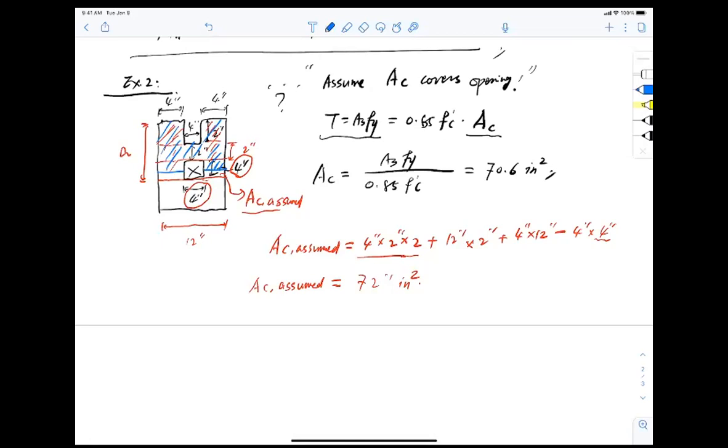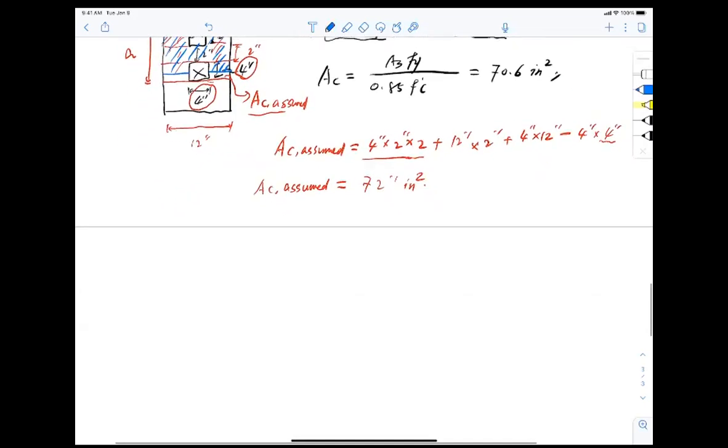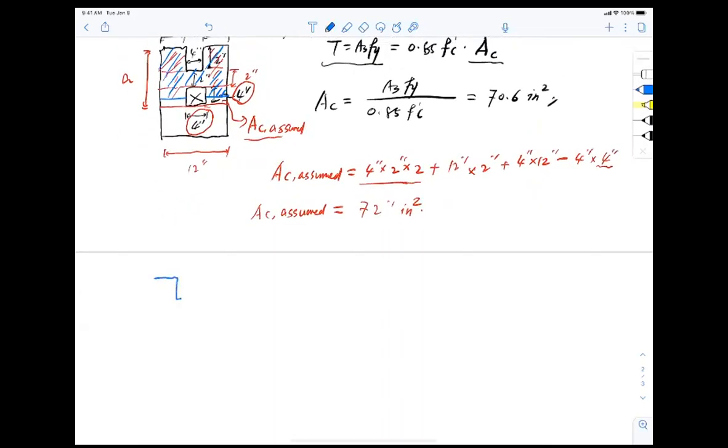We cannot. So the name of the game, and this is the last thought I want to leave you with, is I got this compressive zone size now. And this compressive zone, as ugly as I don't want to admit, looks like this. That's the shape of the compressive zone now.